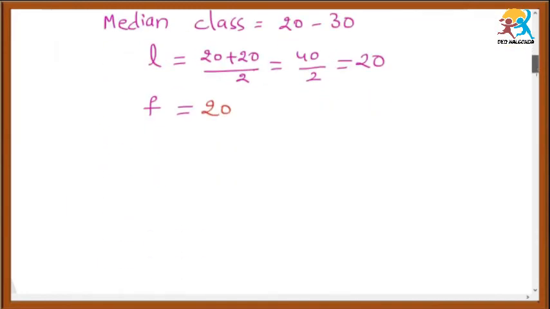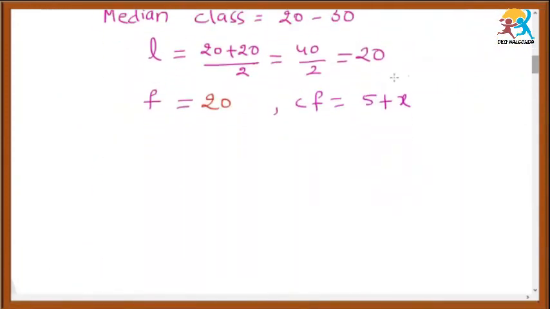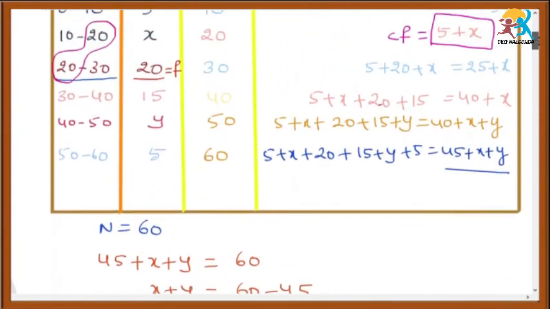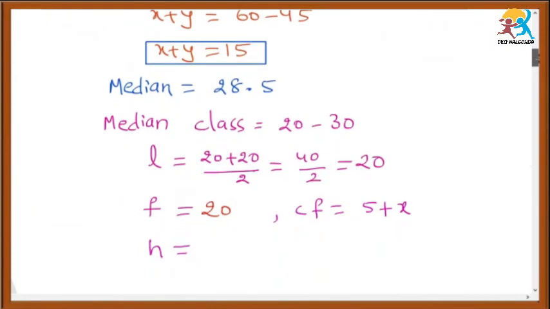So we can write CF is equal to 5 plus x. And h is the length of the class interval. So the difference of any two consecutive upper limits is h. So we can take any one. By observing, we get the length of the class interval is 10. So we can write h is equal to 10.